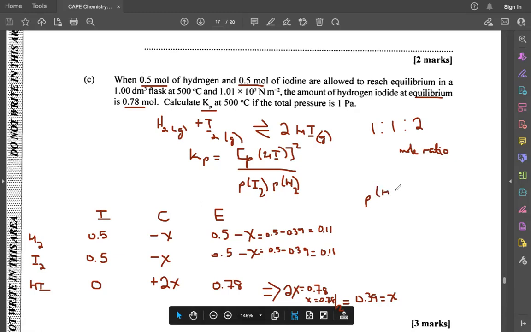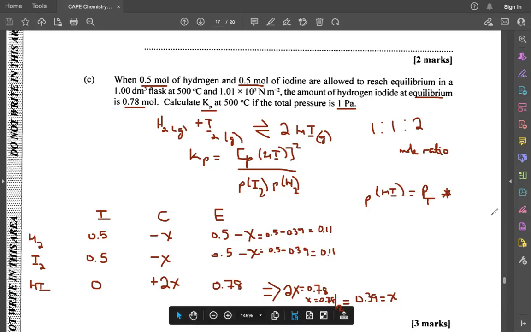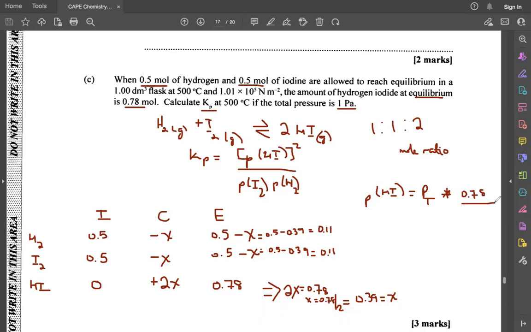The partial pressure of HI is going to be equal to the total pressure, which they told us was 1 Pascal, times the mole fraction of HI at equilibrium. So the mole fraction would be the moles of HI, which is 0.78, divided by the total number of moles at equilibrium.